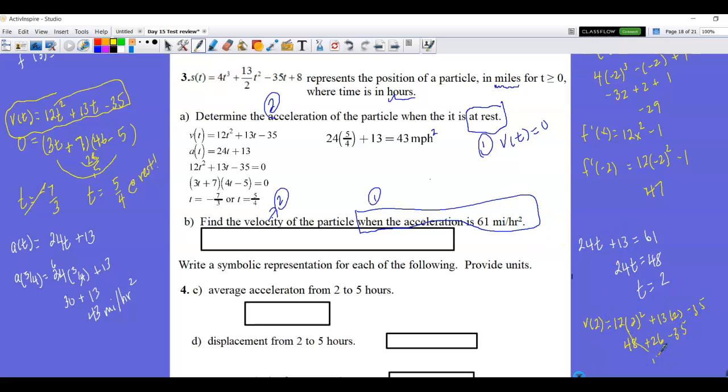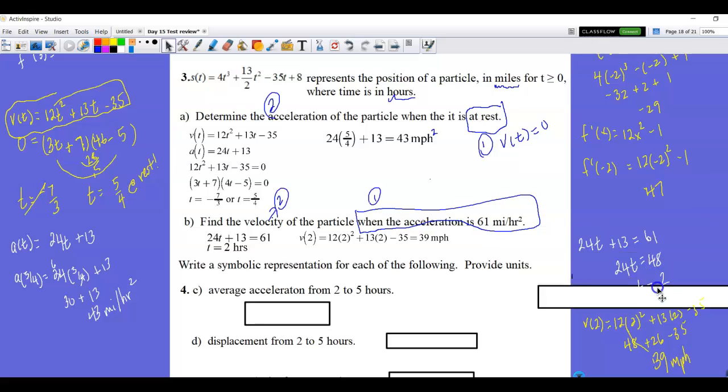And that gives me 39. This is velocity, miles per hour. And when I do my reveal, it's going to say the same thing here.